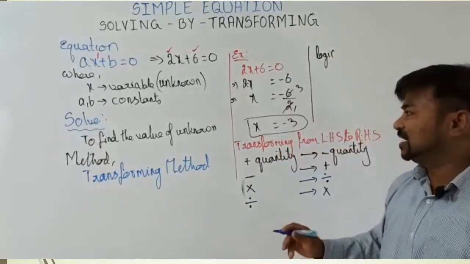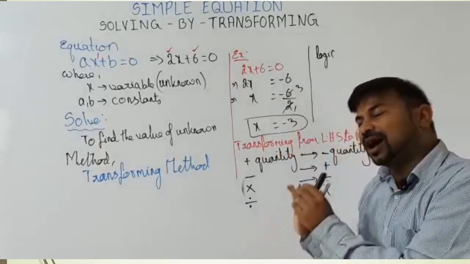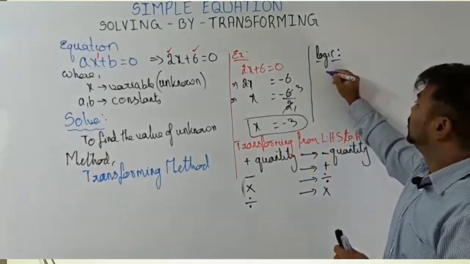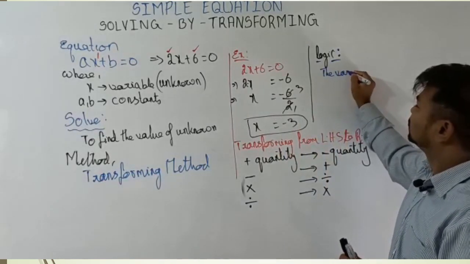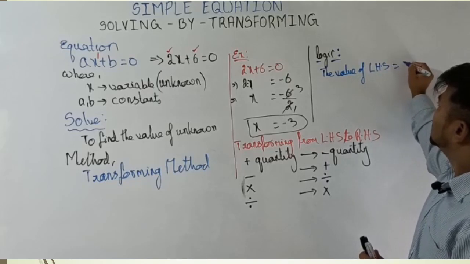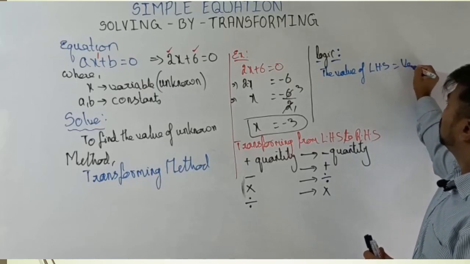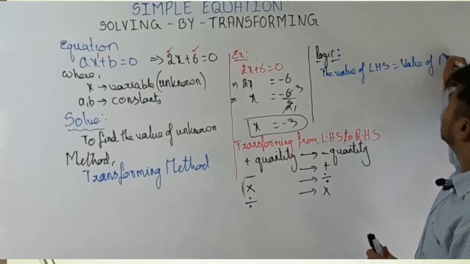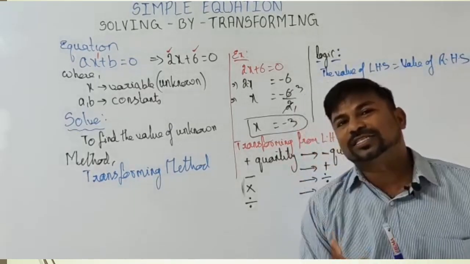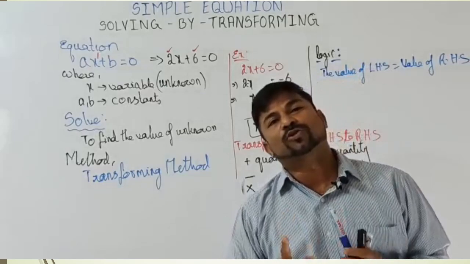What is following the rules? The first one is: after transforming, you have to remember that the value of LHS should be equal to the value of RHS. This is the first rule. The value of LHS should always be equal to the value of RHS.